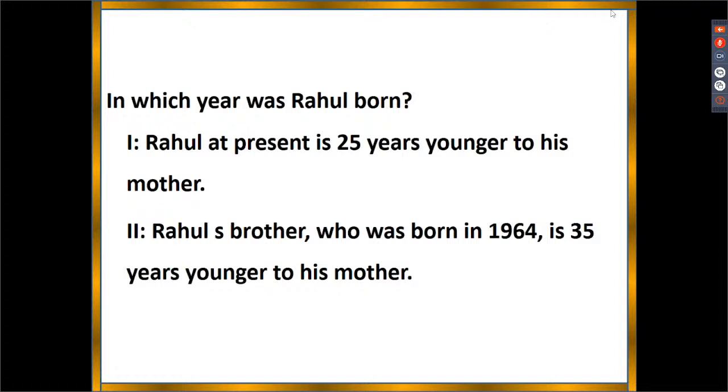Second statement: Rahul's brother, who was born in 1964, is 35 years younger than his mother. So Rahul's brother, born in 1964, is 35 years younger than his mother, which means she is 35 years older than Rahul's brother.